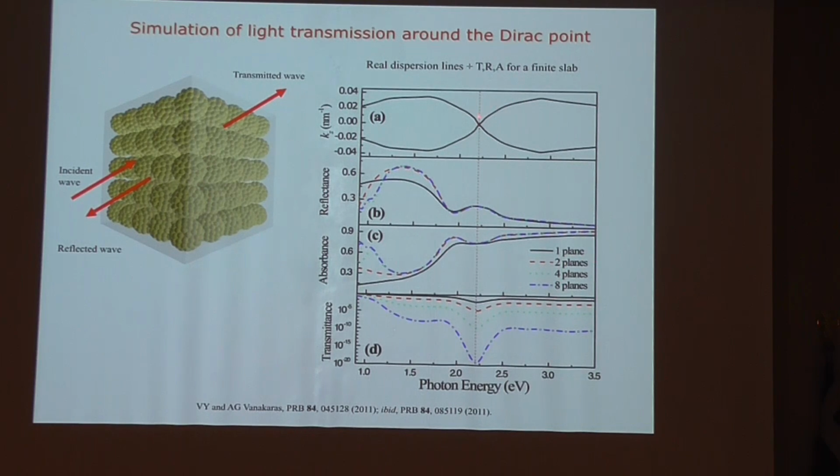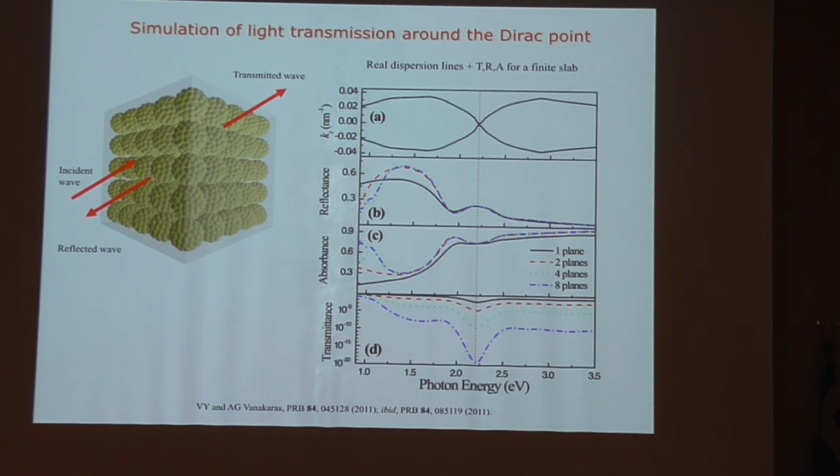As you can see here, the Dirac point, because this material is actually also lossy, because we are operating in the optical regime and gold is a good absorber. However, the Dirac point is obvious by this dip in the transmittance spectrum.